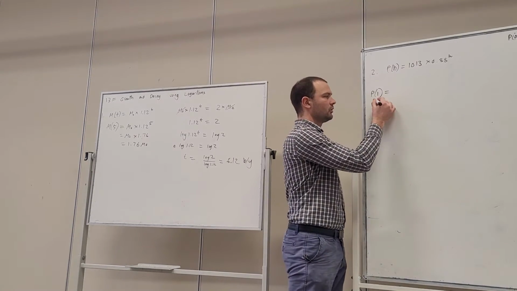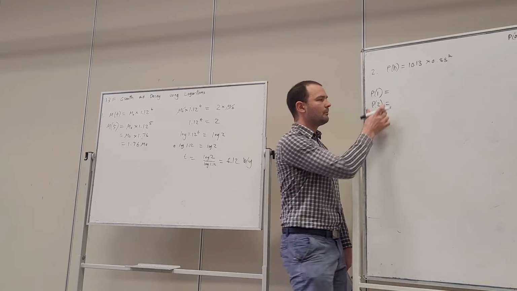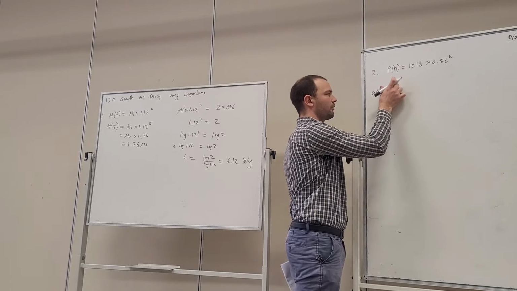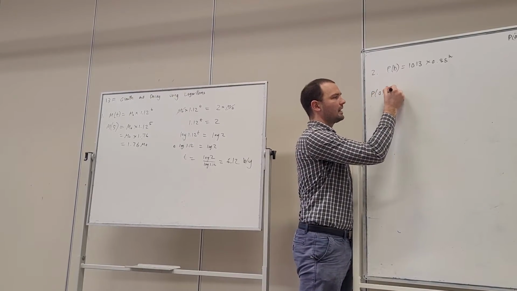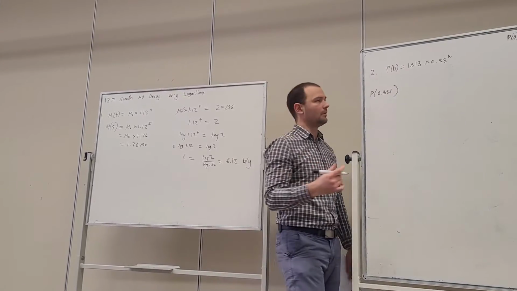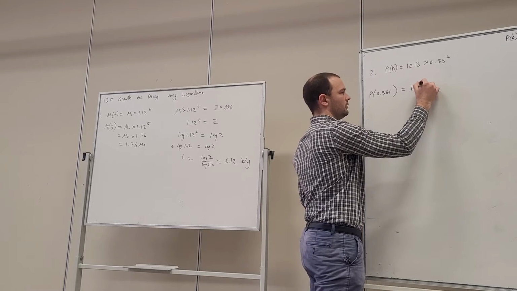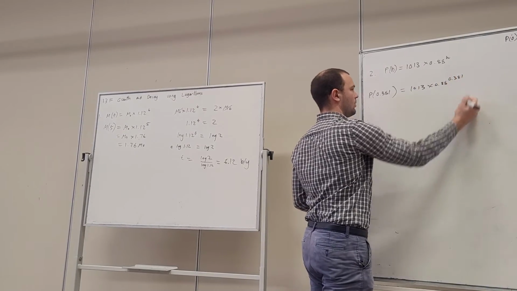P of 2 would be the pressure at 2,000 meters. So if we want to know the pressure at 381 meters, that's 0.381 thousand meters, so 0.88 to the power of 0.381.